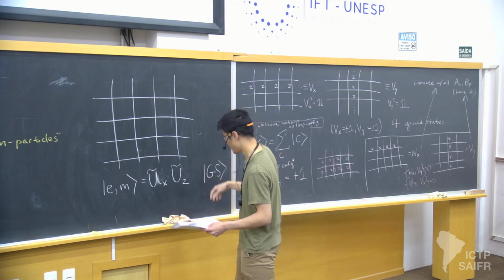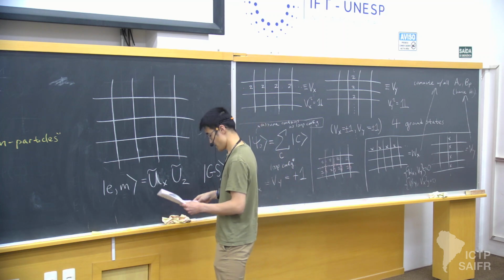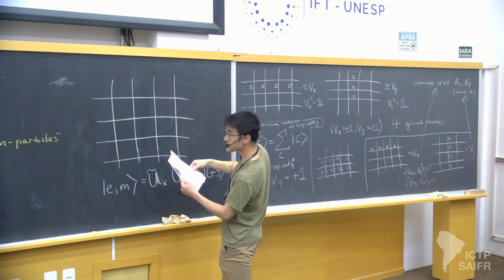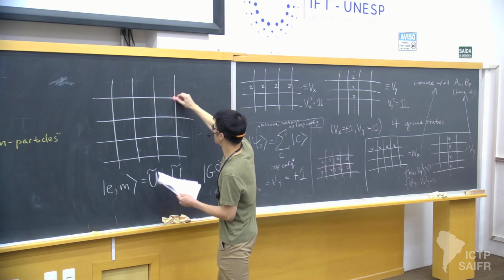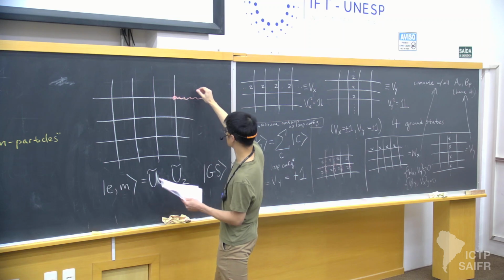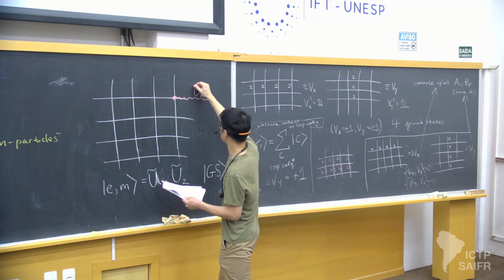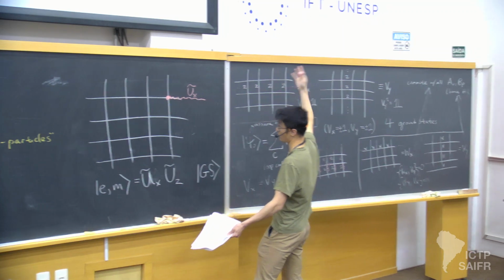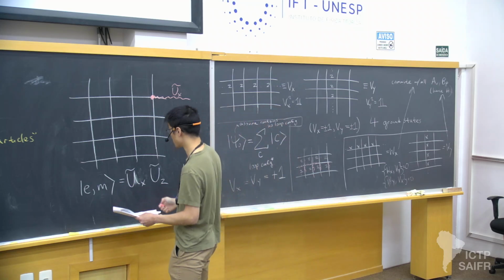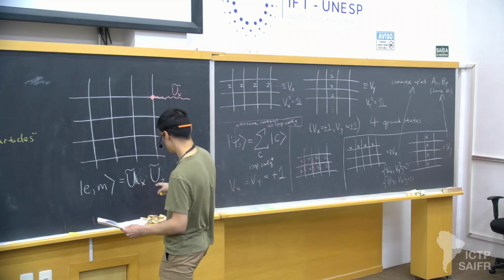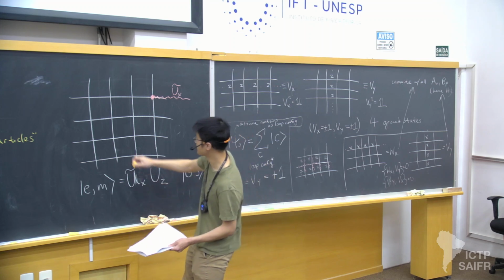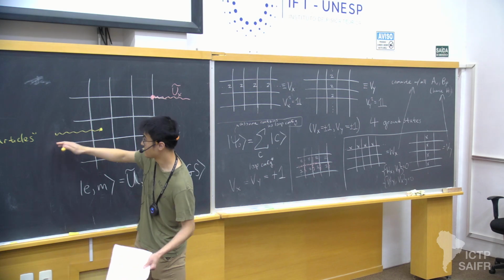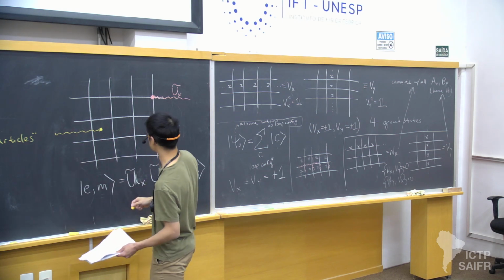Pictorially, I want to consider having applied some string operator U_X tilde to create a pair of E excitations here, and then the other partner is somewhere, let's say, far away. It doesn't really matter. And then I also want to have applied U_Z tilde, again, connected to some other M particle somewhere far away.